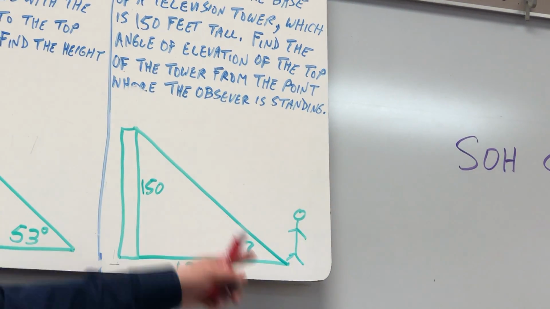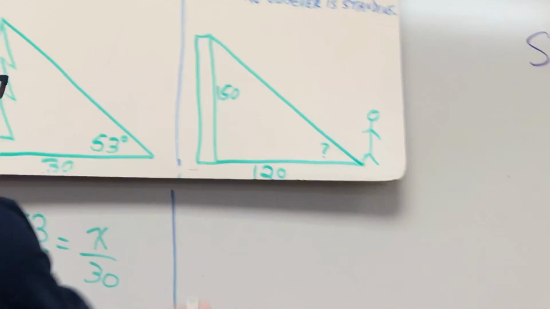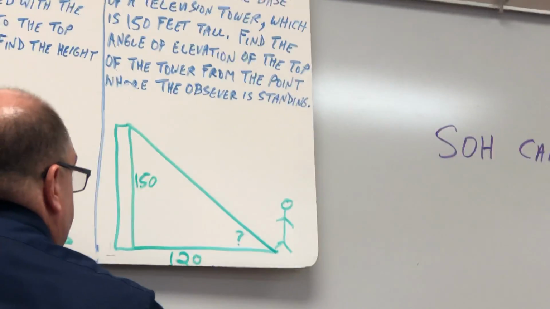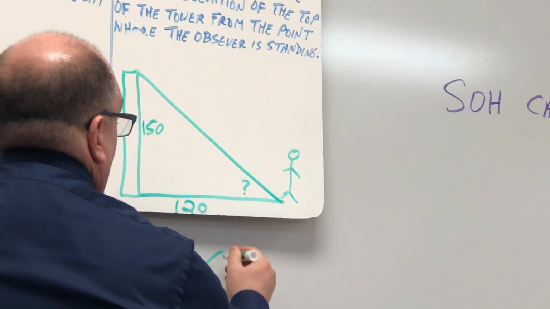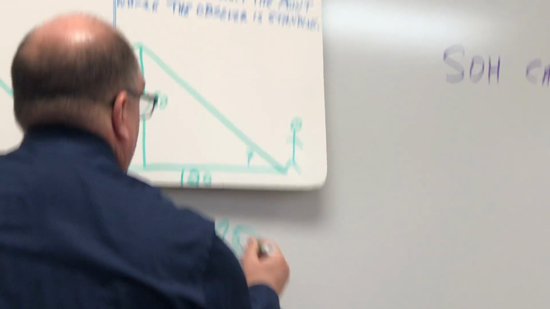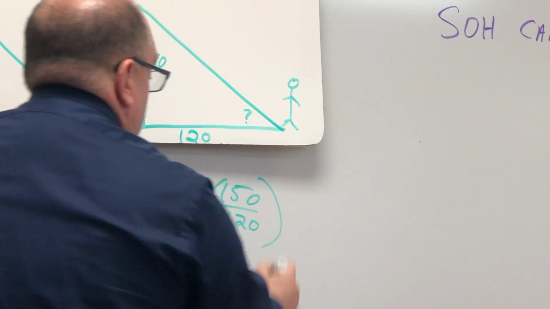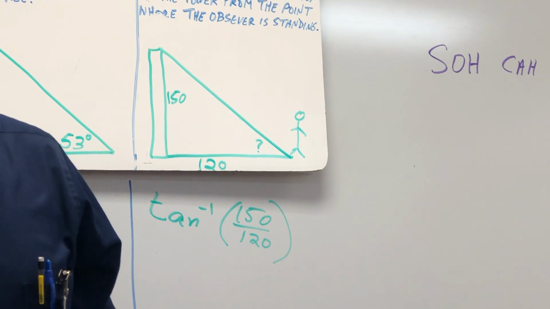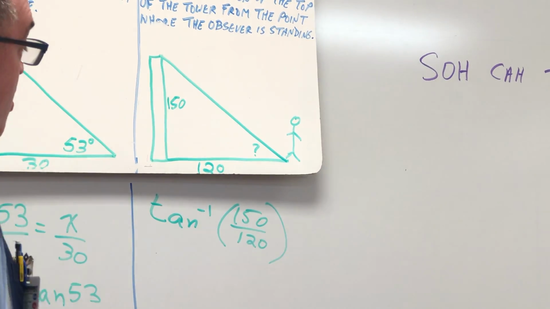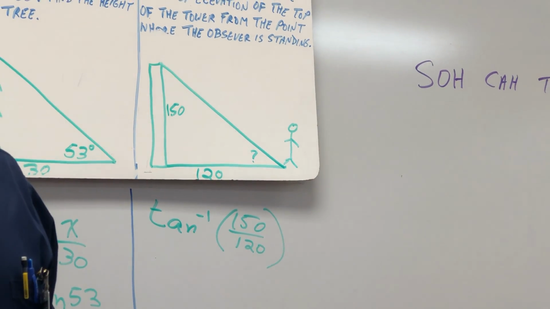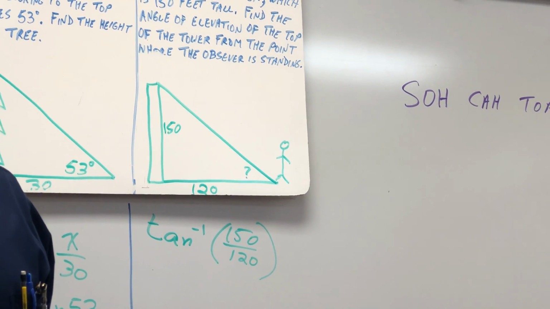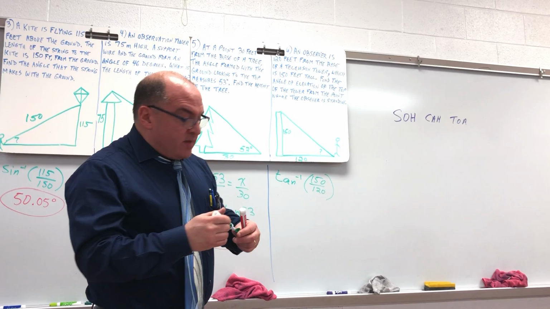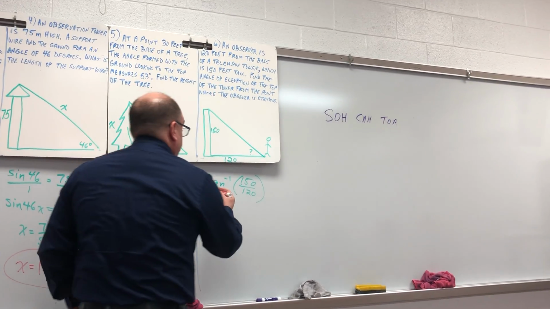We're going to use inverse tan because we're finding the angle. Inverse tan, 150 divided by 120. 51.34 degrees.